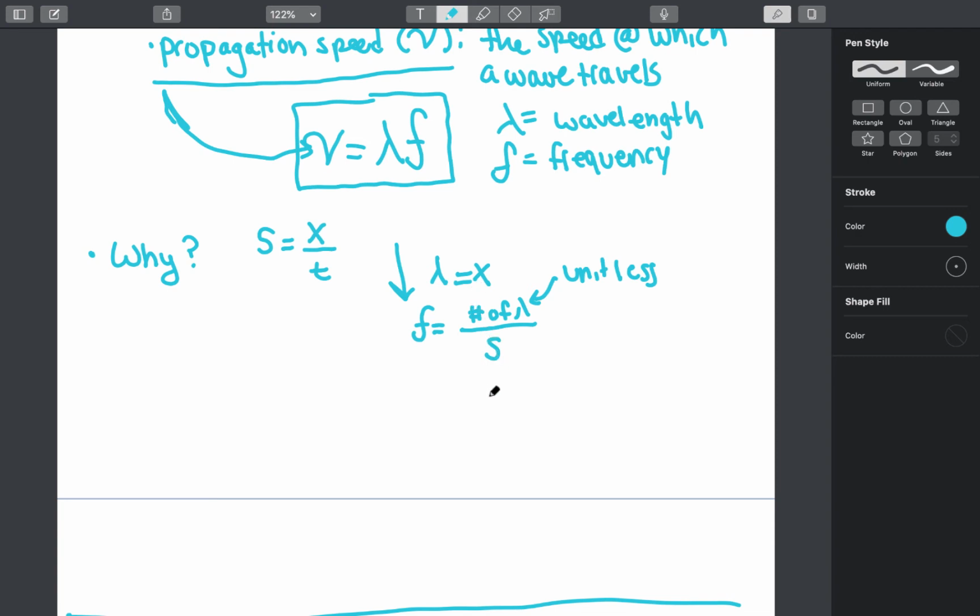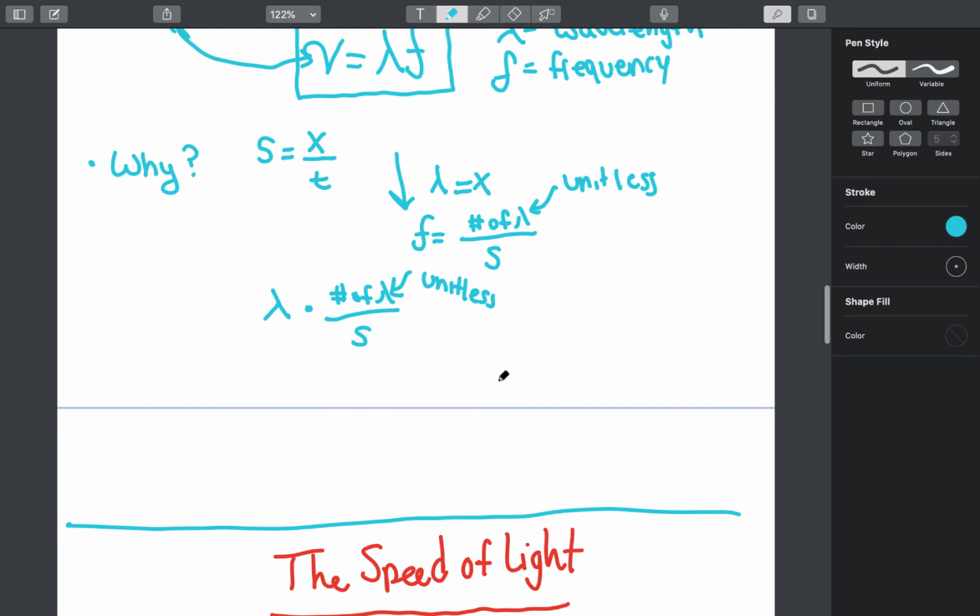So let's do this together. So when we multiply lambda times f, what you're doing is lambda times the number of wavelengths per second. Now remember, this numerator is unitless. So therefore, you can just look at this numerator as a unitless factor.